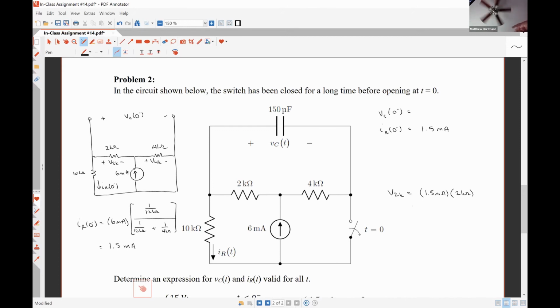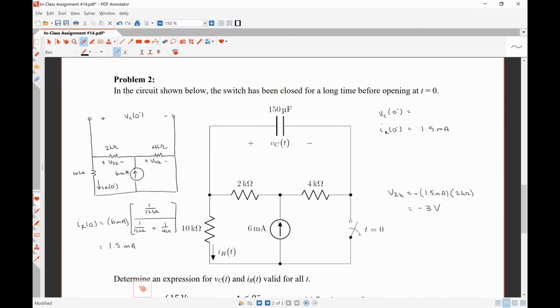The mistake that I've made is that my current is flowing into the negative polarity terminal, and I haven't put in the necessary negative sign. Okay, so since the current is flowing into the negative polarity terminal, I would expect the voltage drop over that resistor to be negative. So it looks like it will be -3 volts. Everybody okay with my line of reasoning there?